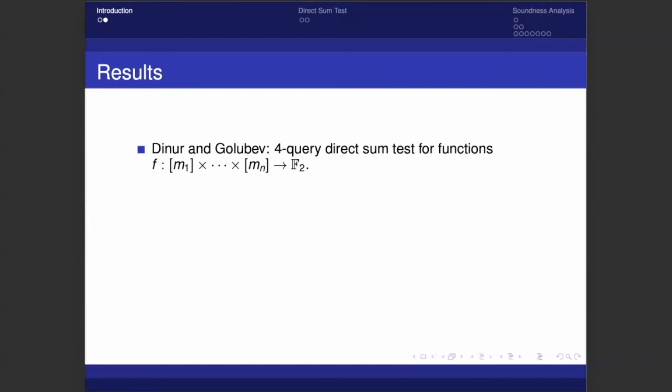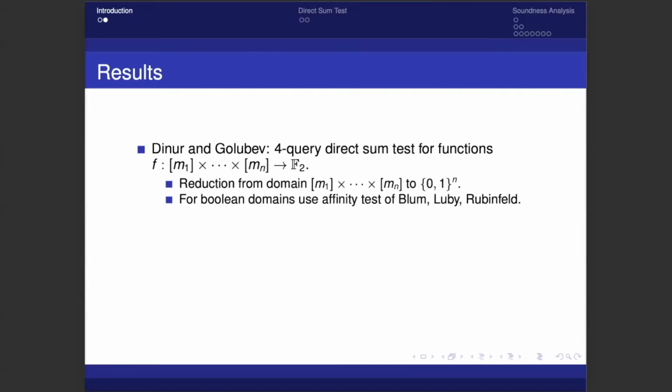The crux of the test is a reduction from arbitrary product domains to the Boolean hypercube. Now, since functions with domain the Boolean hypercube and range F2 are direct sums if and only if they're affine, we can simply use the affinity test of Blum, Luby, and Rubinfeld to determine if the original function was a direct sum.